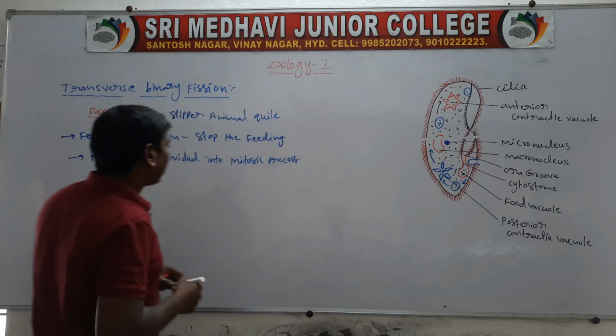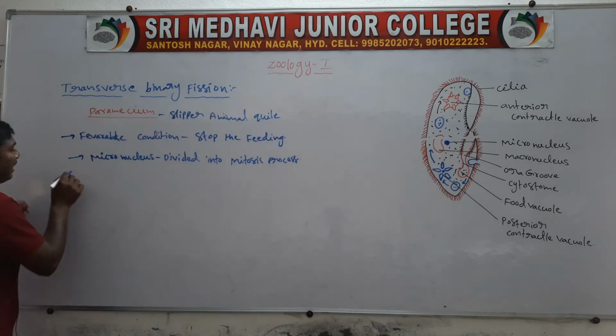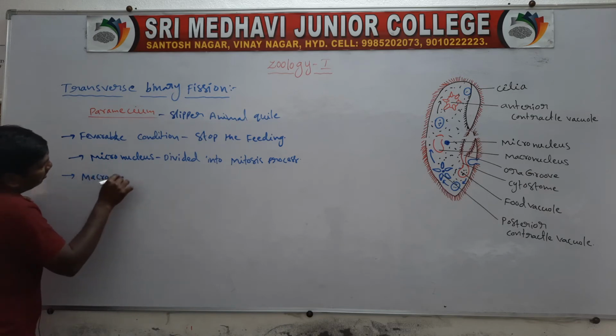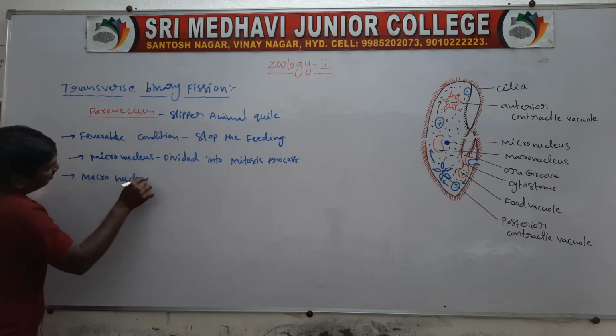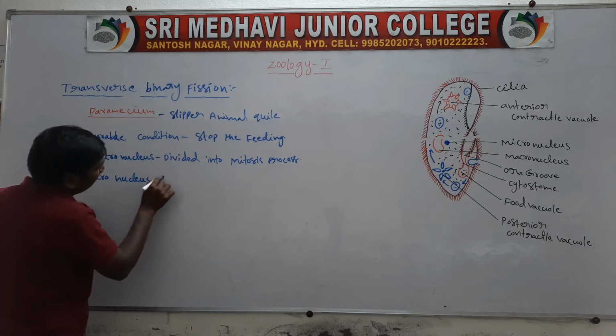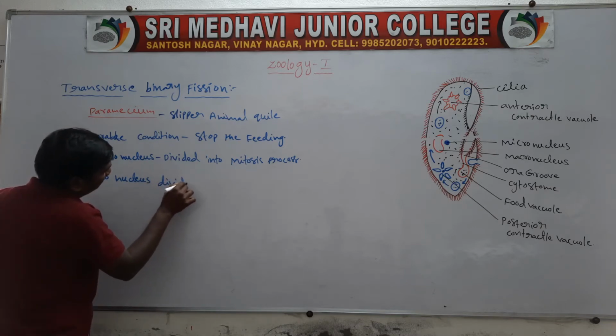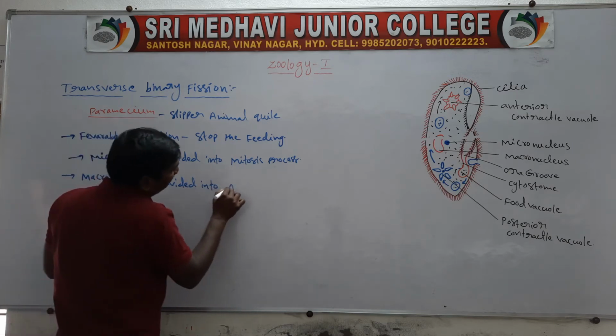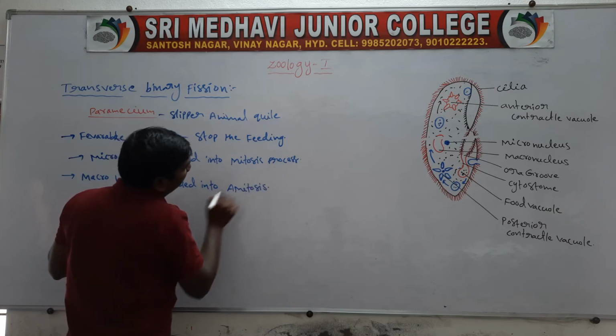The macronucleus is divided by amitosis.